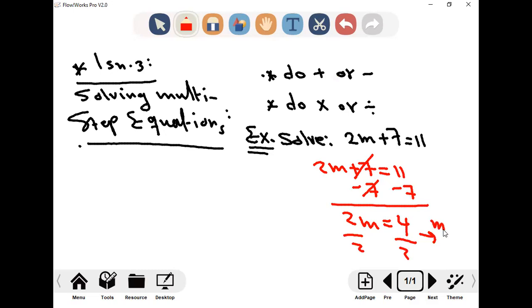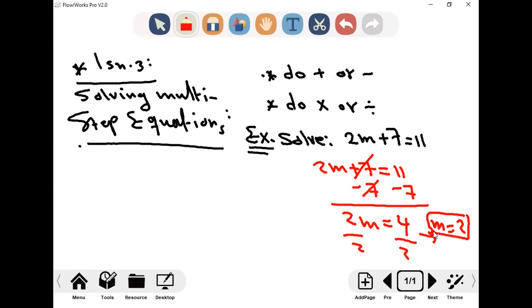Still n equals 4 divided by 2, which is 2. This is the solution of the equation. To check our answer, we take this 2 and go back to our equation, replace n by 2. 2 times 2 is 4, plus 7 is 11. This is what we call a 2-step equation.